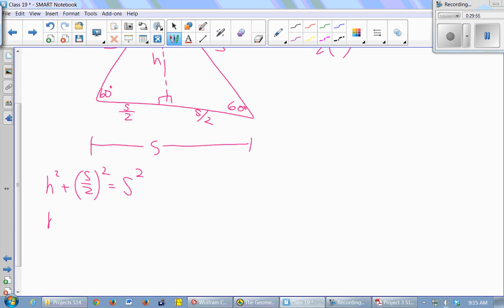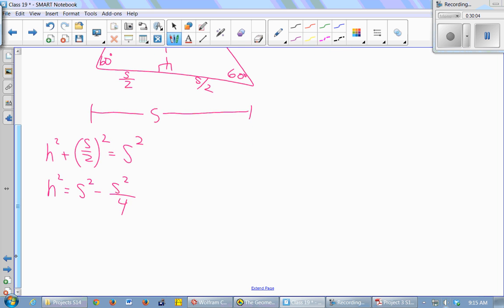Okay, so h squared is going to be s squared minus s squared over 4. What is s squared minus s squared over 4? 3/4 s squared. Because 1 s squared minus a 4th s squared is 3/4 s squared.